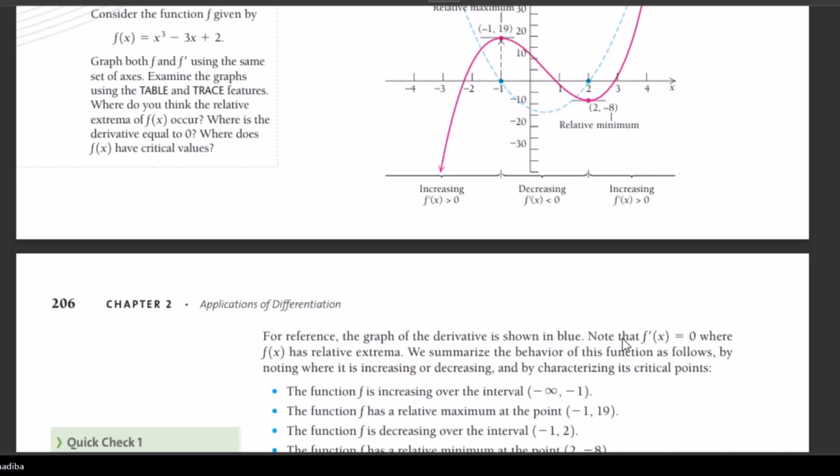Coming from negative infinity, approaching 0, we found that the graph was increasing. Okay, wait, let me first explain the intervals and then I'll explain what my graph looks like.